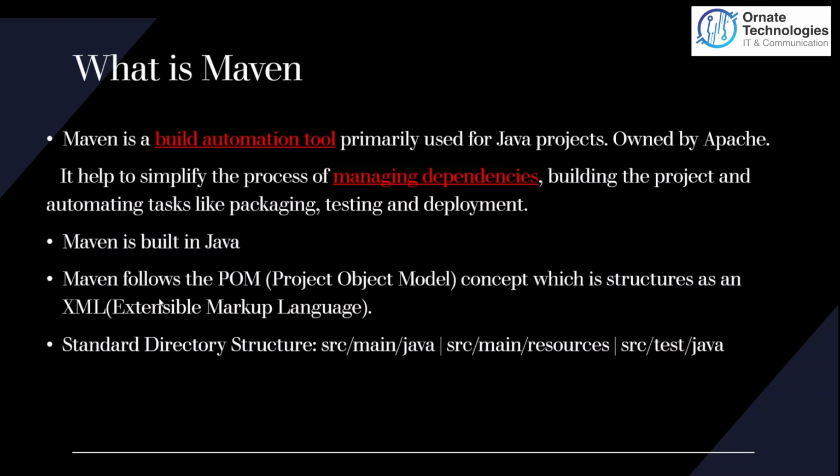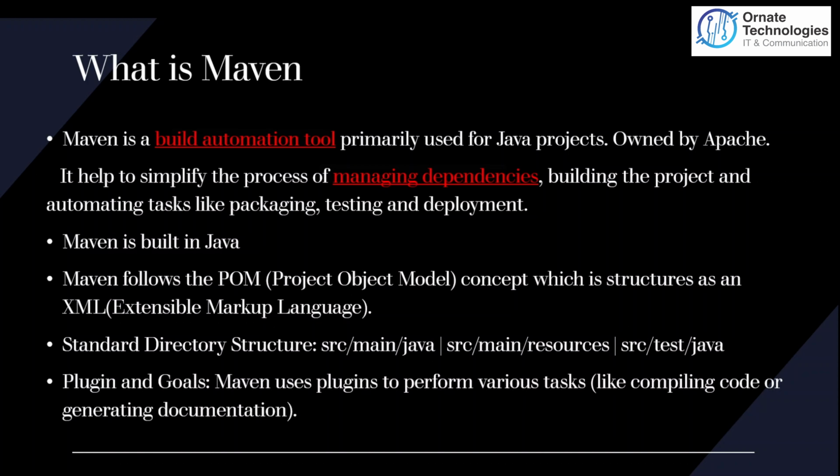Now, when you talk about Maven itself, and when you talk about the project object model, something I forgot to mention here is, I need you to understand a particular structure which I will show you when we are setting it up. When you're setting up your project, there are certain things. The first is the artifact ID, the group ID, and the version. I will show you that when we're setting it up.